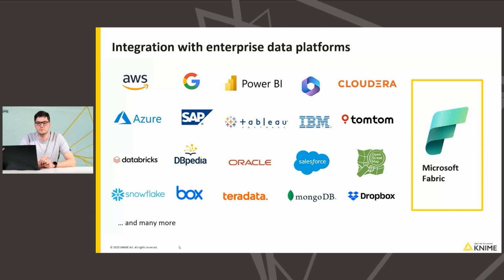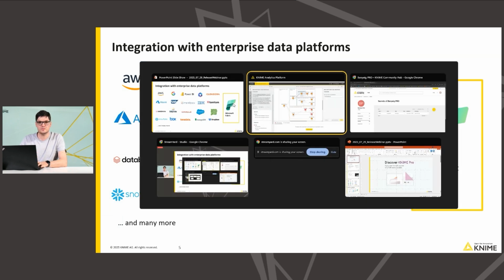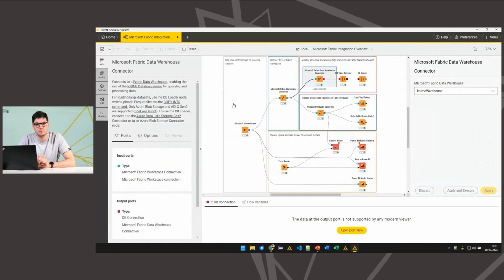Now we have the first integration here, and I very shortly want to show a short demo of that. This is the KNIME Analytics Platform, and here you start with authenticating against Microsoft using the Microsoft Authenticator node, or you can use the Secret Retriever node that Gergely mentioned already, to access your Microsoft authentication token from the secret store.